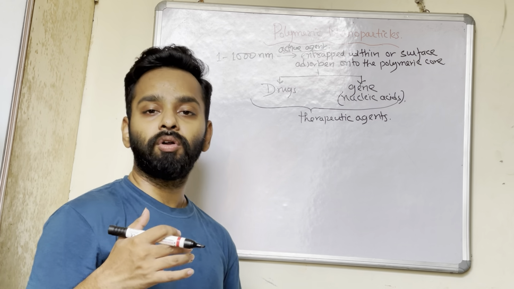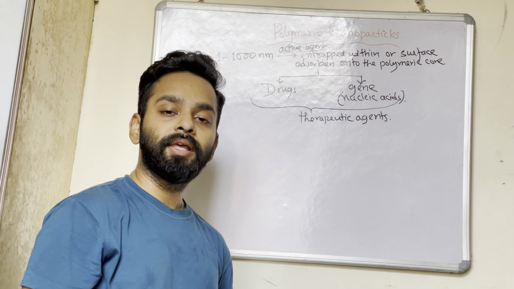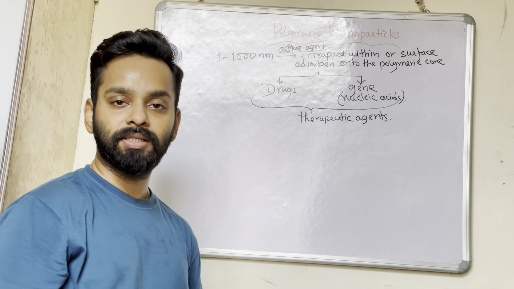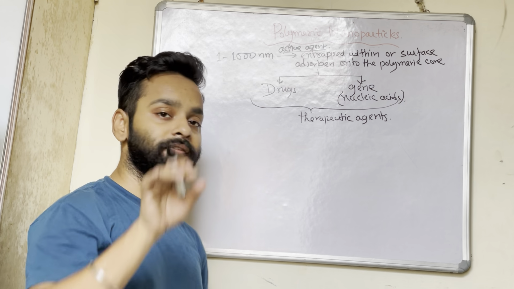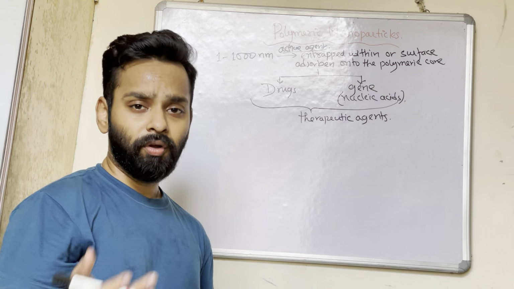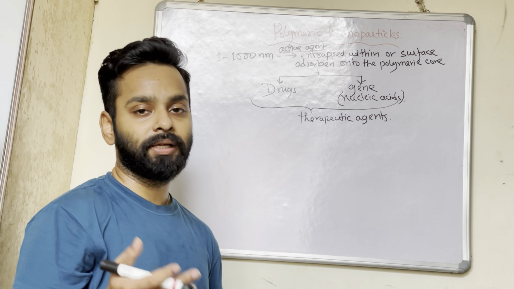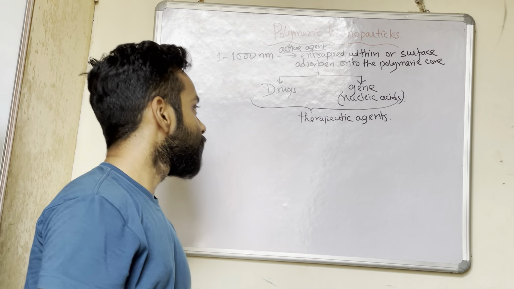But their applications are not only restricted to the therapeutic sector, they are also used in industrial applications as well, especially in food processing and food packaging industries, and also in other fields of therapeutic and biomedical applications as well. Right?